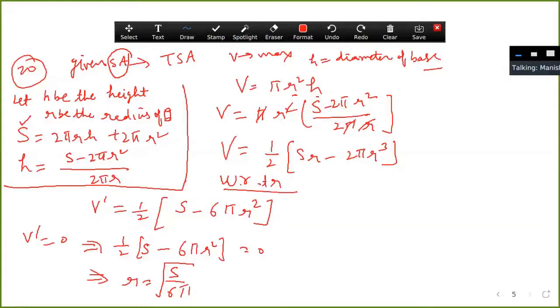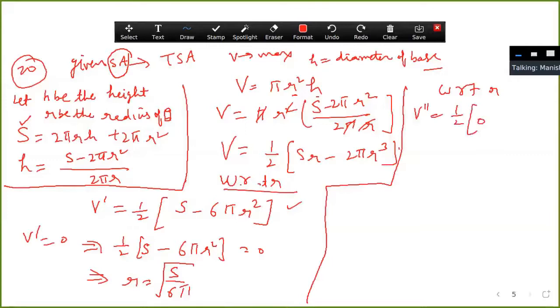Now you have to find out the second derivative. First derivative, second derivative. V double dash will be equal to, with respect to again r. Second derivative means half as it is, S becomes 0, and it's got 12 pi r. This is equal to minus 6 pi r.